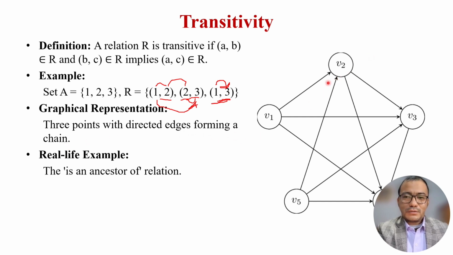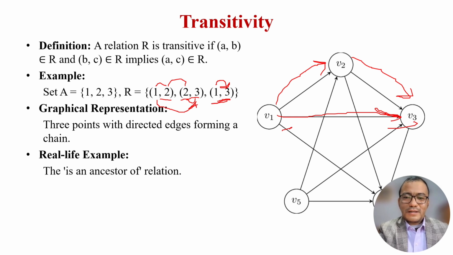Here B1 to B2, and then B2 to B3 are shown as edges, and B1 to B3 also exists. B1 is directed directly toward B3, so (B1, B3) can be seen here.